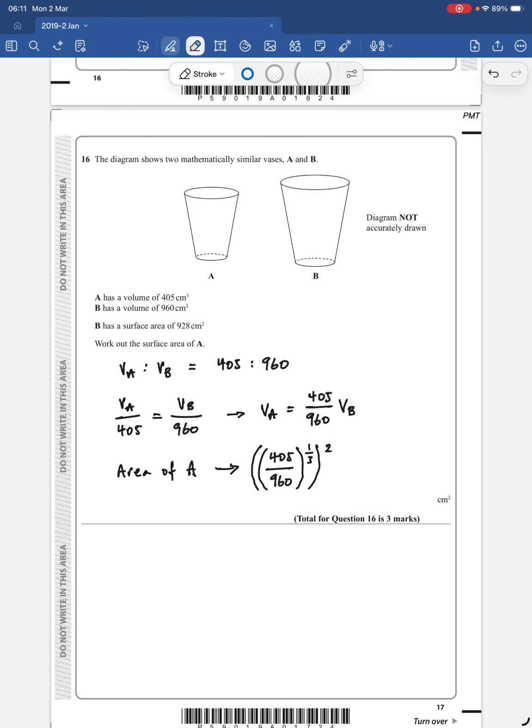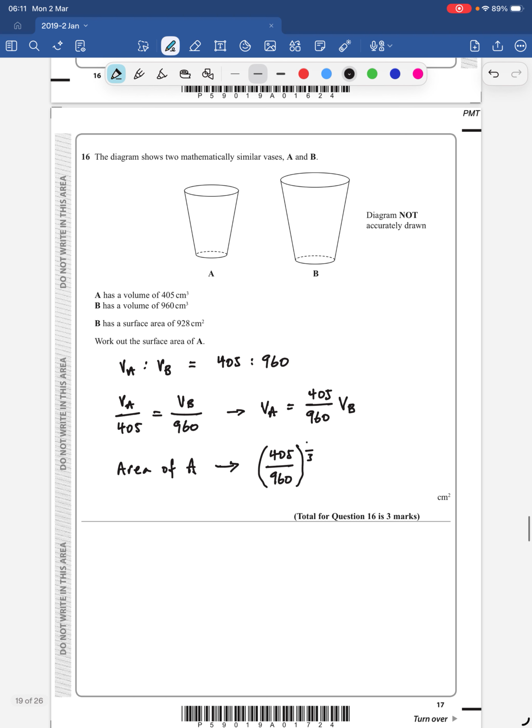That's a good thing for flashcards, because they're things to remember. That means that instead of writing it like this, when we raise this to the power of 2, we just multiply that third by 2 and get 2/3.